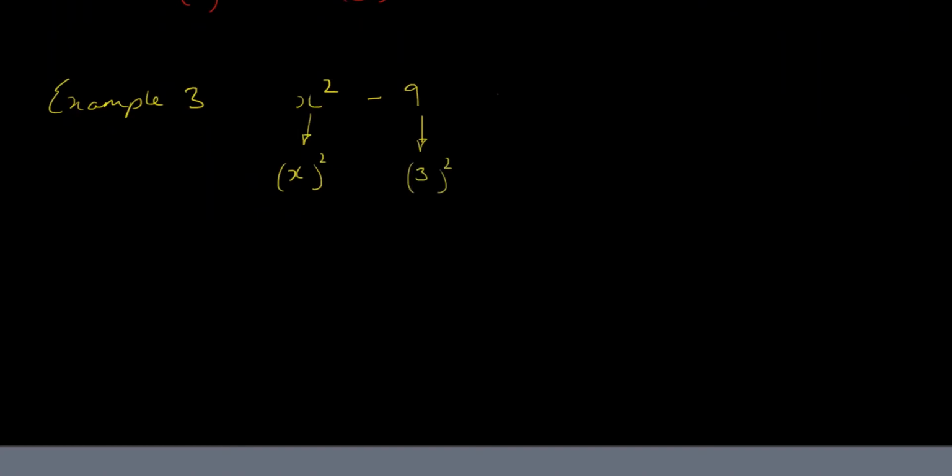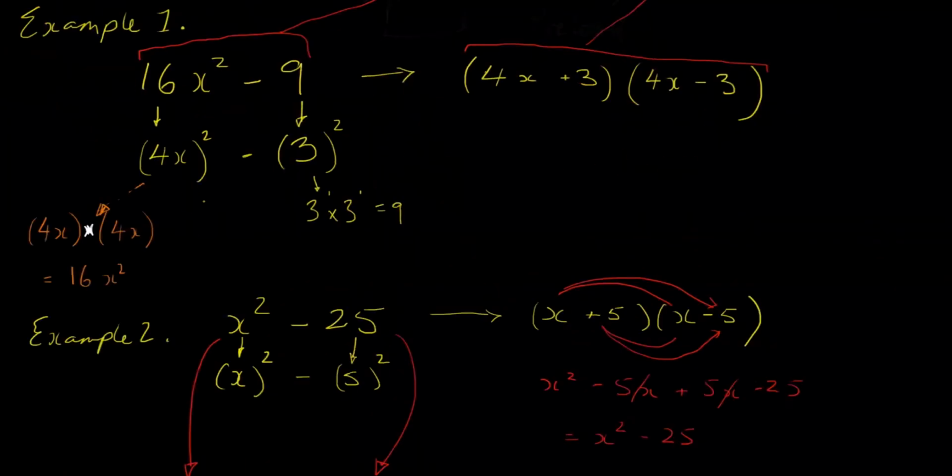So therefore, x squared minus 9 can be expressed as the difference of two squares as x plus 3, x minus 3, which is the same as this little equation that we drew up here.